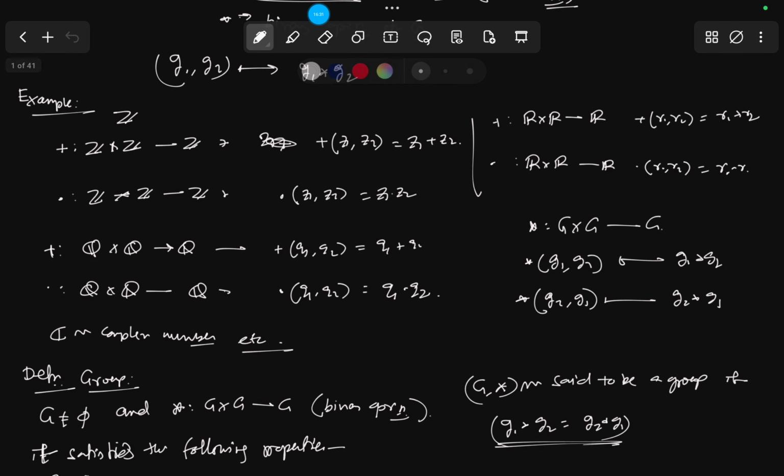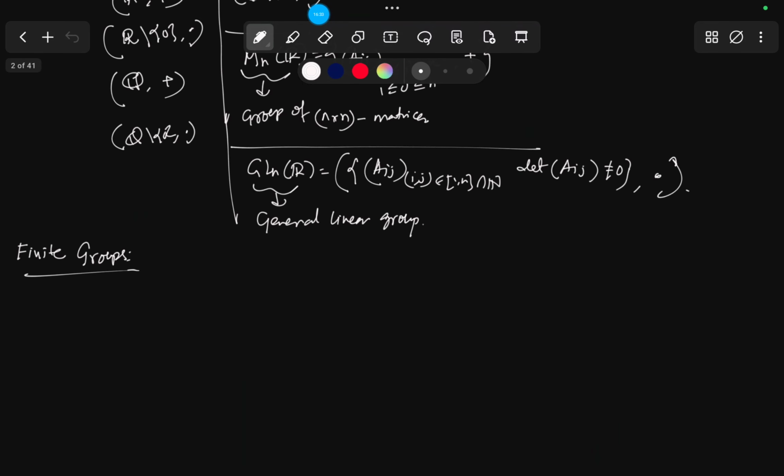So if you consider any group G, so G is a group with respect to binary operation star, such that the cardinality of G, mod G, is infinite, then it is an infinite group. And if it is finite, then we say it is a finite group.